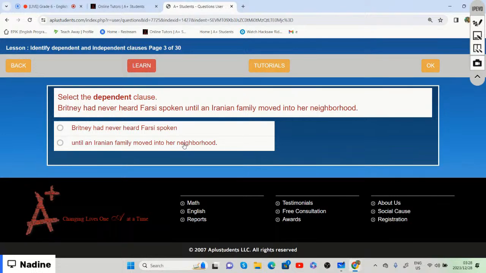We need to select the dependent clause. And remember, we said a dependent clause does not express a complete thought and it cannot stand on its own, right? And it starts with a subordinating conjunction.